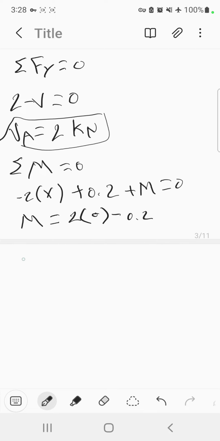Okay, now M equal to minus 0.2 kilonewton per meter.